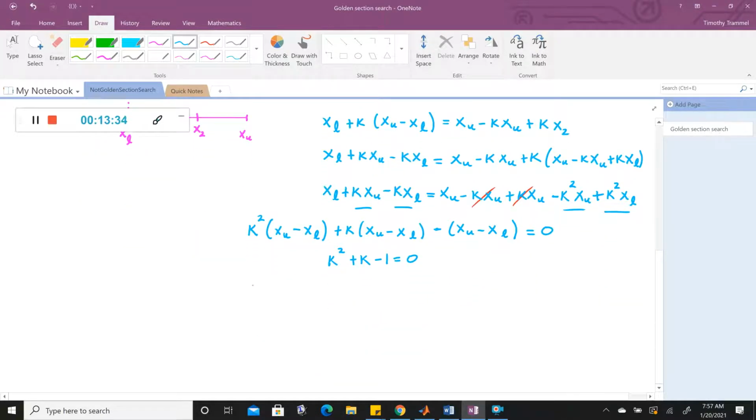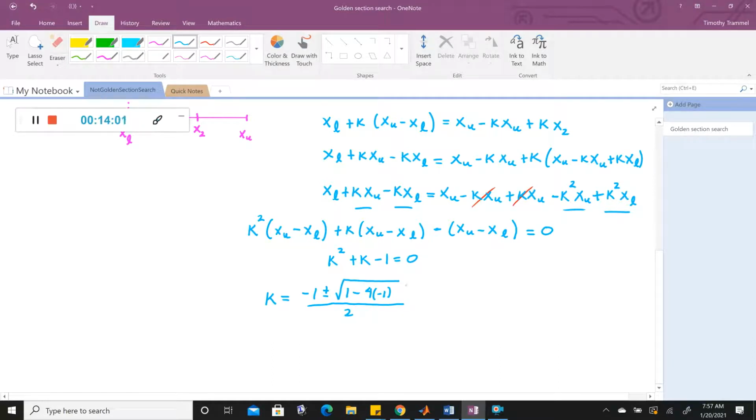Okay. This is not one you're going to want to try and factor. We're going to want to go right into the quadratic formula. So we'll have k equals minus b plus or minus the square root of b squared, so it'll just be 1, minus 4ac, and c happens to be negative 1, and then this is all over 2a, okay, and a is just 1.